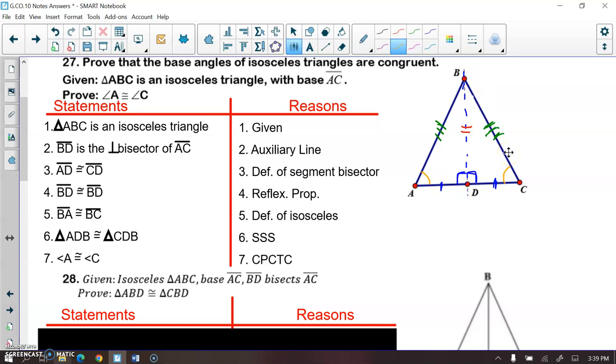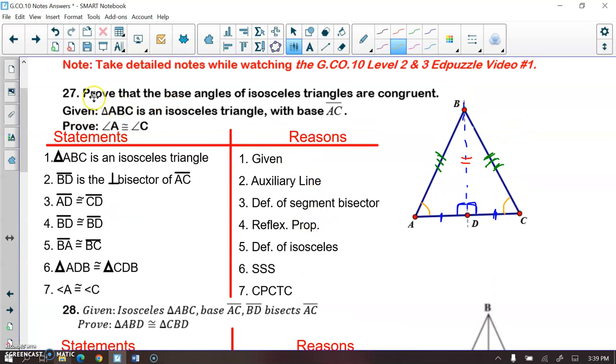You could have also either ignored the reflexive property or the segment bisector and proved that these were right triangles by the definition of perpendicular and by the definition of right triangles, and then proved these triangles congruent by HL. So there's many different ways to go about this proof. The only thing is that you cannot use this as a reason in your proof.